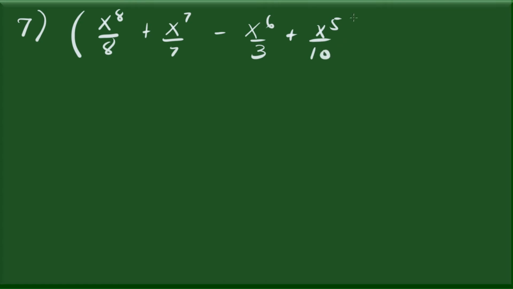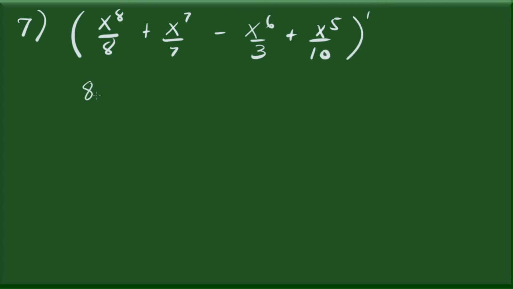Number 7. Another fraction, x to the 8 over 8 plus x to the 7 over 7 minus x to the 6 over 3 plus x to the 5 over 10, prime. So what is the derivative?